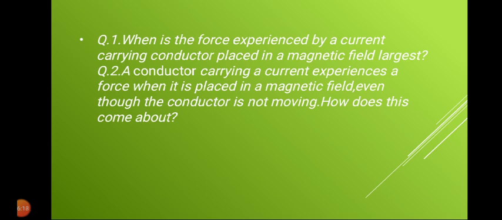The second question is, a conductor carrying a current experiences a force when it is placed in a magnetic field even though the conductor is not moving. How does this come about? And third one is, how does a current carrying wire move when placed in a magnetic field?